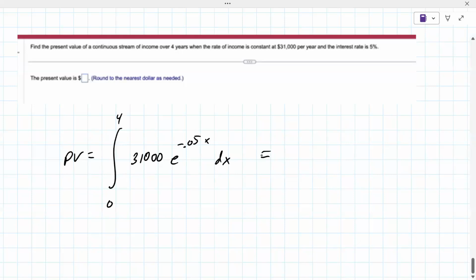This ends up being, in nearest dollar, 1,1,2,3,8,7. I got two. Excellent. All right, so we're going to stop there for today.